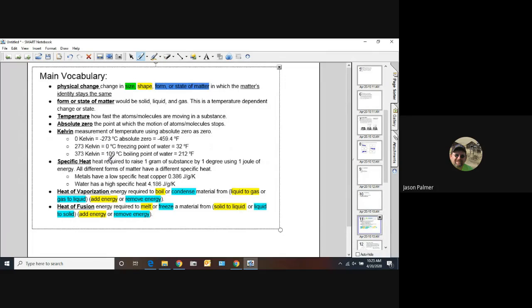It's about the specific heat, and heat of vaporization, heat of fusion. And then the yellows are adding energy: boil, liquid to gas, add energy. Melting, solid to liquid, you're adding energy. And then the blues are removing energy, so condense, gas to liquid, freeze, liquid to solid.